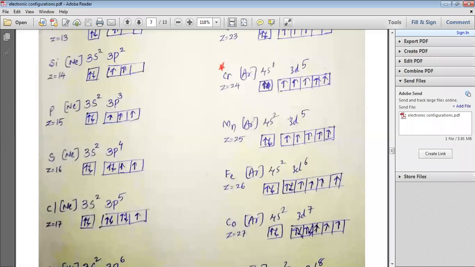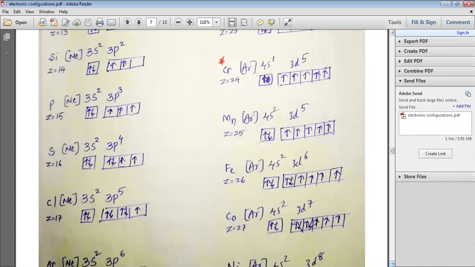Manganese has Z equal to 25, so argon 4s2, 3d5, where all five orbitals of 3d are singly occupied, and 4s has pairing. In chromium there is not even a pairing in the 4s orbital, and 4s has only one orbital, so you can see a total of 6 unpaired electrons in chromium, whereas manganese has 5 unpaired electrons.